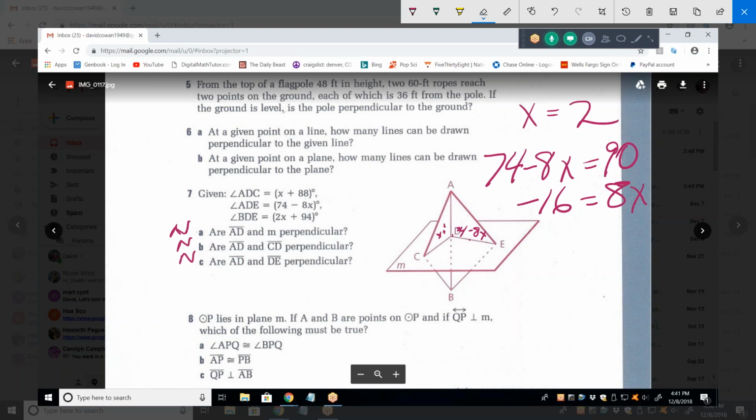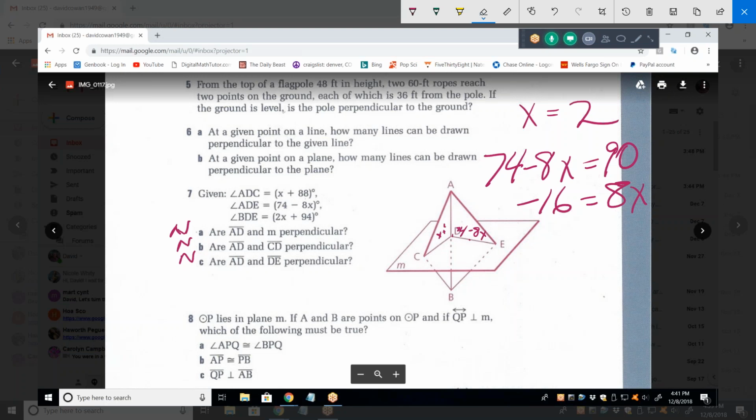But only if X were 2. That's why I think we need to consider that lower triangle, because that's going to give us some restrictions on X.